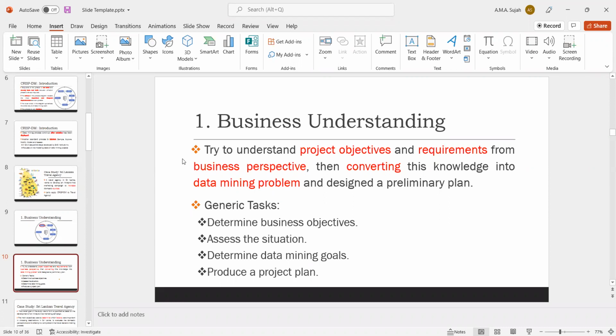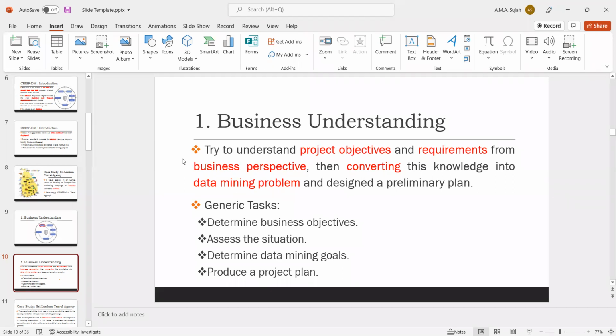Also, you need to convert the problem into data mining. If it is clustering, you must convert it into clustering techniques, whether hierarchical clustering or another; it depends on you. Sometimes you need to predict. For predictions, you need to use different classifications. Sometimes you need to predict accurate numeric values. For that, you can use regressions.